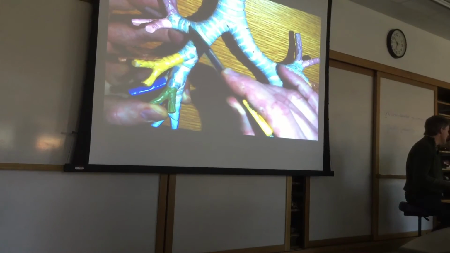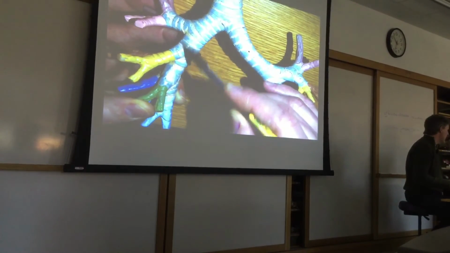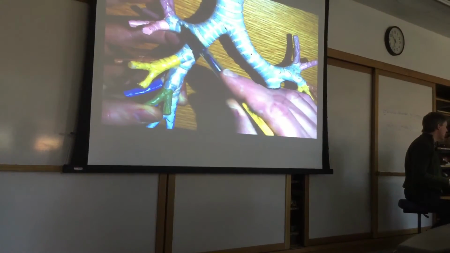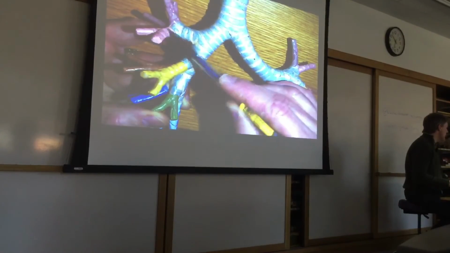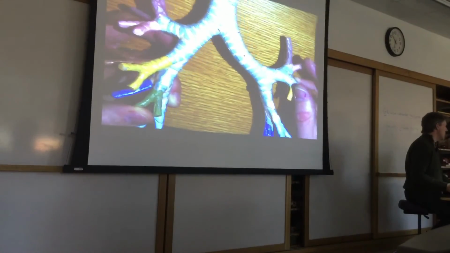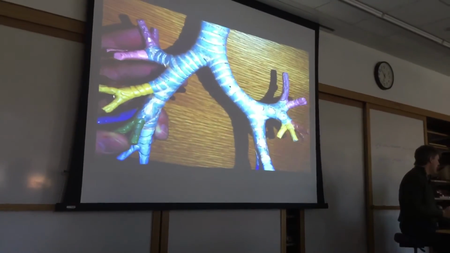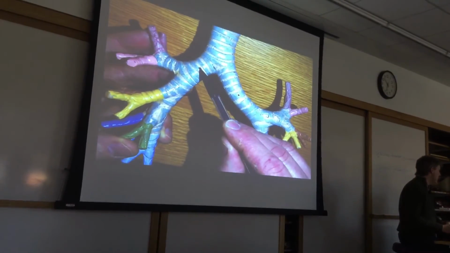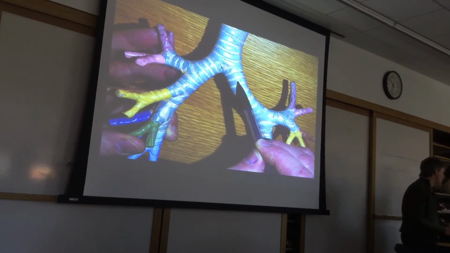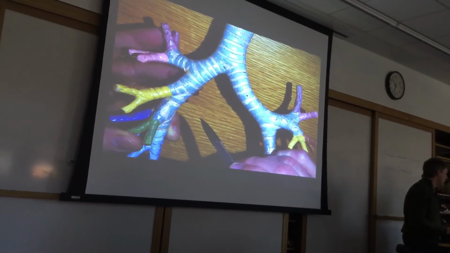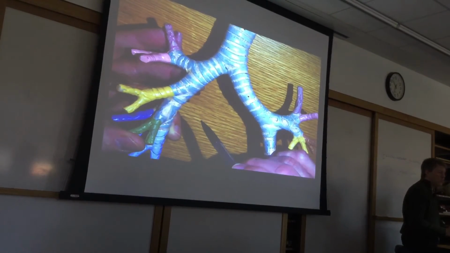These ones then are the secondary bronchi, and they're going to go to each of the lobes. And then the ones that are colored here are the tertiary bronchi that are going to go to the different segments. All right? So this is the right primary bronchi, left primary bronchi. On the right side of the lung, you have 3 lobes.